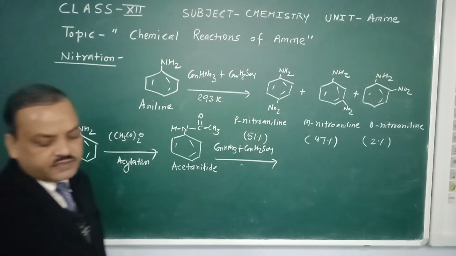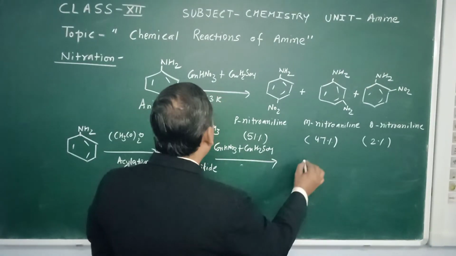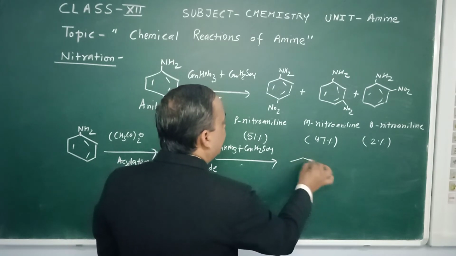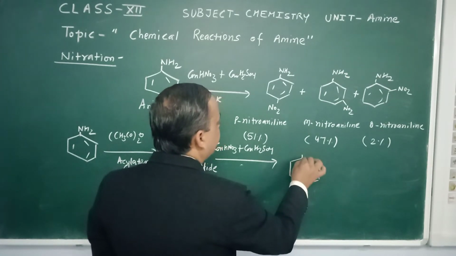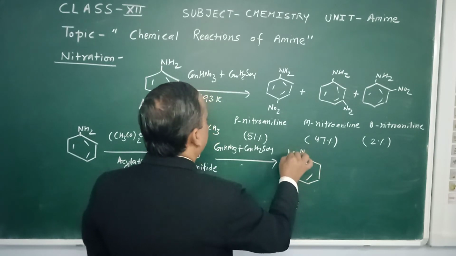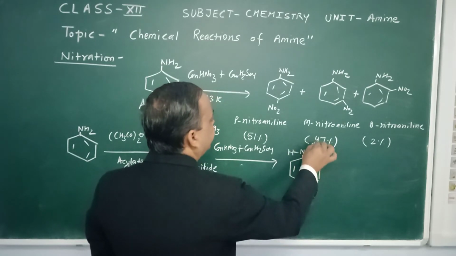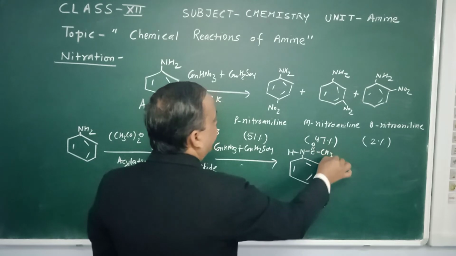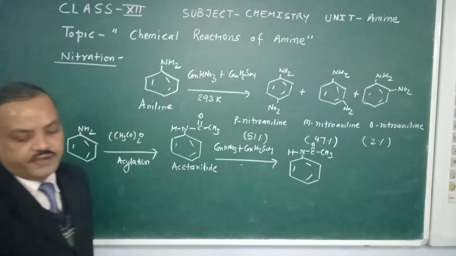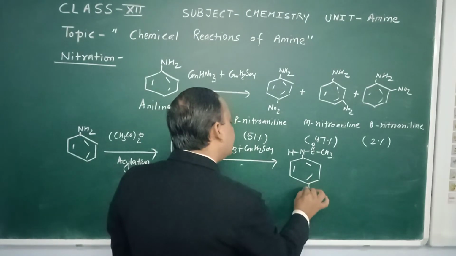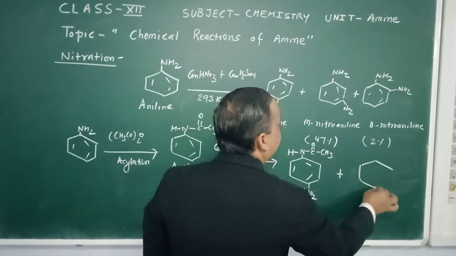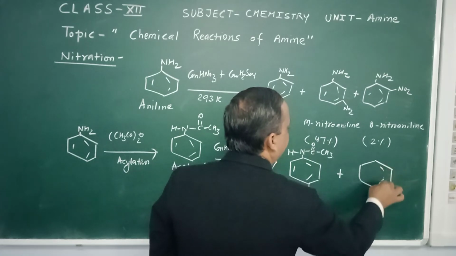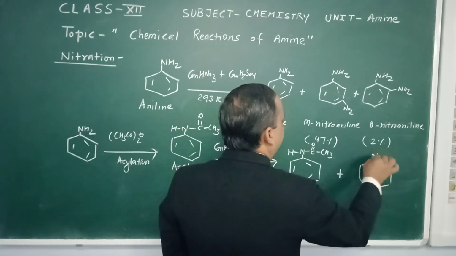So in this case the same pattern is followed. We have para product and ortho product in this condition. First product is para nitroacetanilide and the second product is ortho nitroacetanilide.